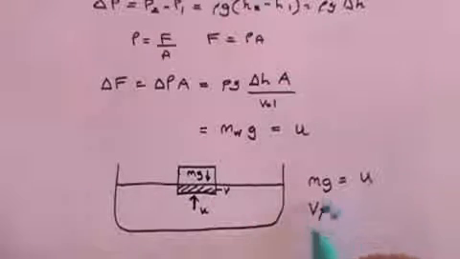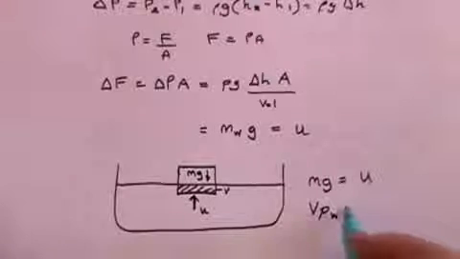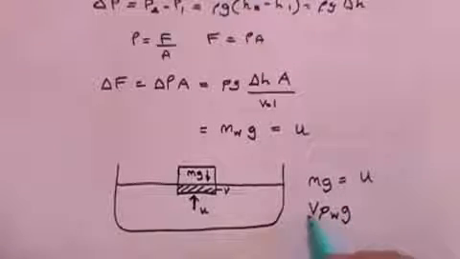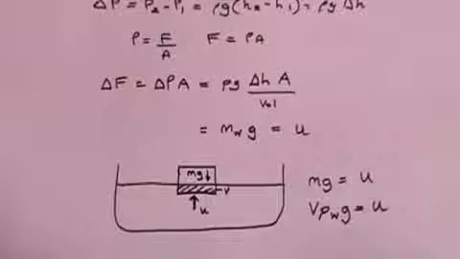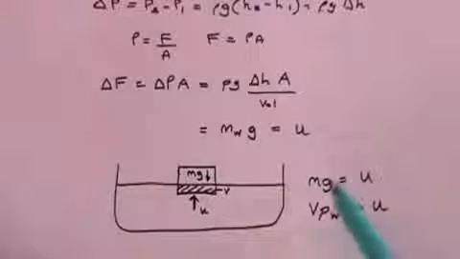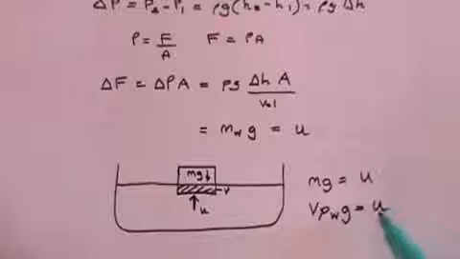That gives you the mass of the water, times g is the weight of the water, and that is equal to the upthrust. Remember, the upthrust is the weight of fluid displaced. The weight is equal to the volume times the density multiplied by g. And obviously those two terms are equal because they both equal U.